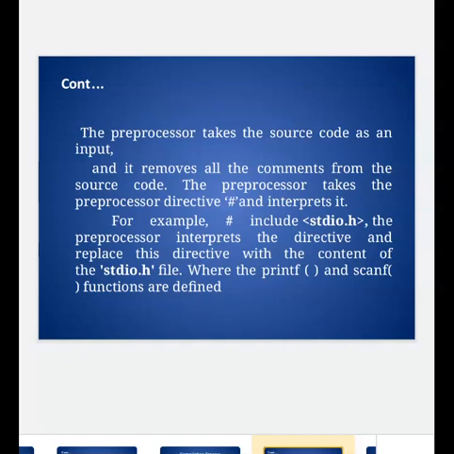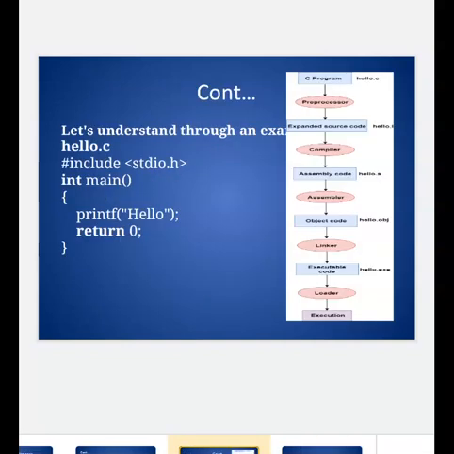To understand this compilation process, a very simple example is given here. Here, hello.c is the source code, which is written in C language. It is only a 4-line program which prints hello on the screen.